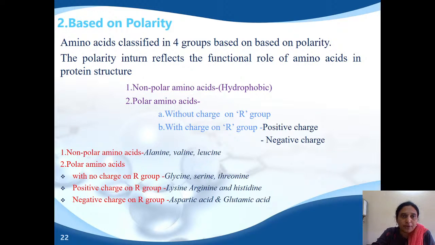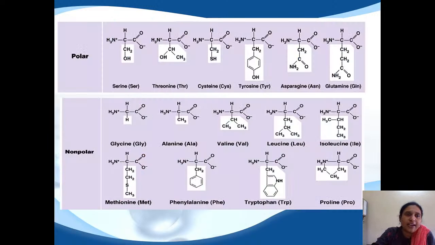Among the polar amino acids, some have no charge on the R group in the side chain, and a few polar amino acids carry a charge, either positive or negative. Positively charged polar amino acids are basic amino acids, and negatively charged polar amino acids are acidic amino acids. Polar amino acids with no charge are glycine, serine and threonine.